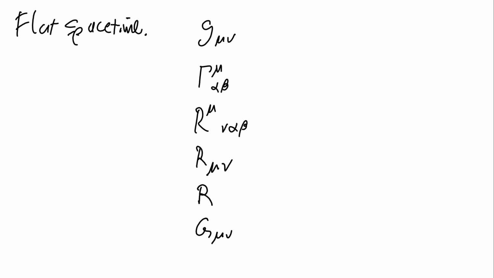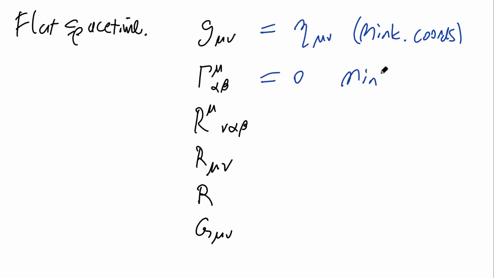Now these calculations are particularly easy if we choose Minkowski coordinates. In Minkowski coordinates, the metric is just eta mu nu, just ones and minus ones along the diagonal. And since the Christoffel symbols always involve derivatives of the metric, this is just 0 in Minkowski coordinates. So all of these quantities are just 0.